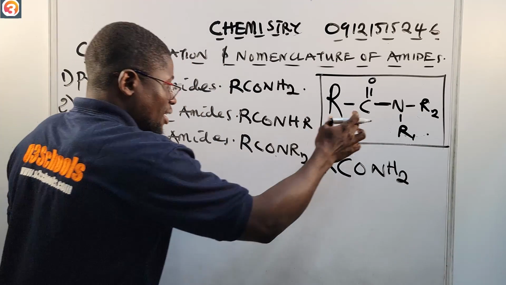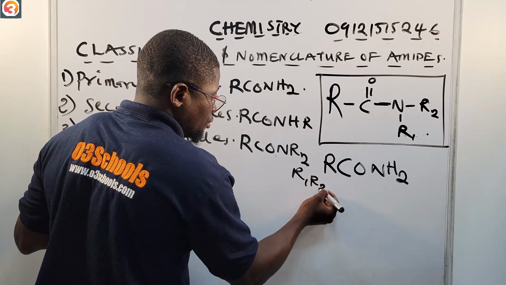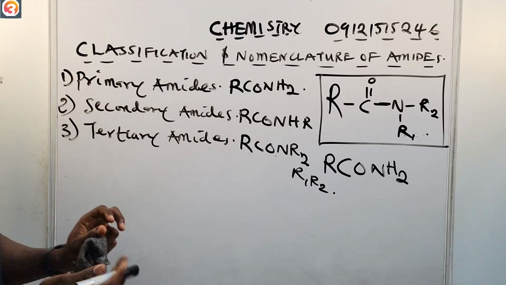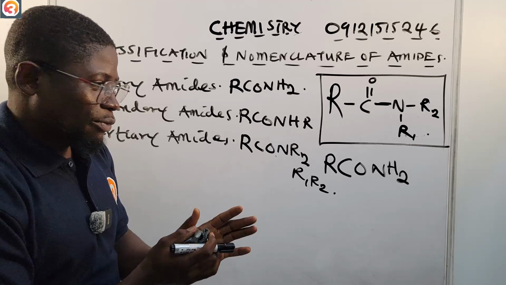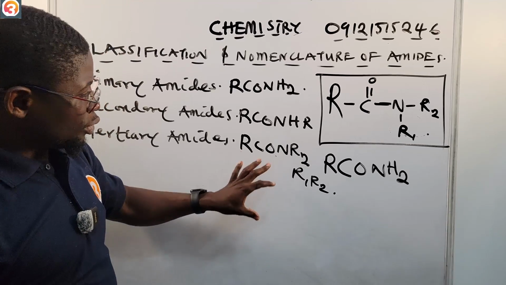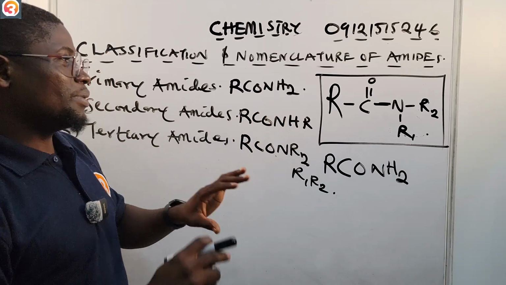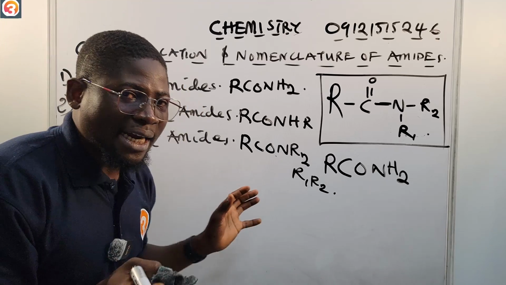If they are not the same, you can say R1, R2. But of course, let's assume that they are the same here, so that we'll have a general formula. So I'm going to have RCONR2 to represent tertiary amides.